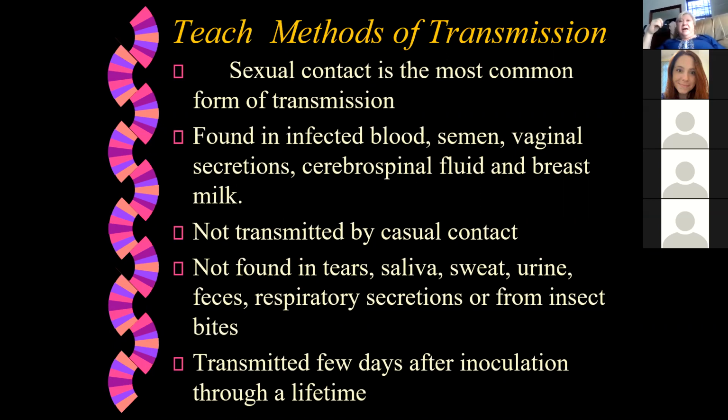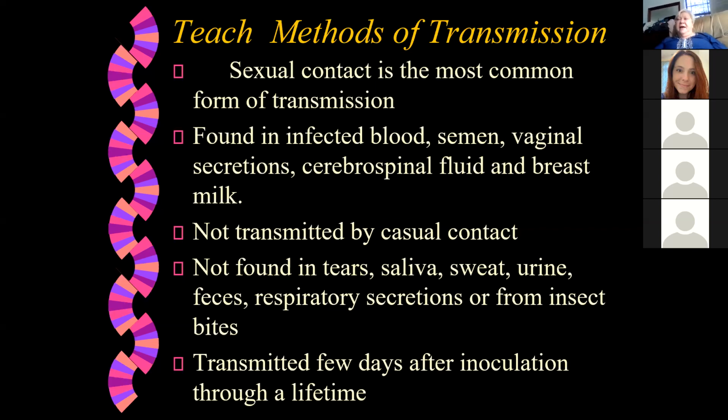HIV is found in blood, semen, vaginal secretions, cerebrospinal fluid, and breast milk. It is not transmitted by casual contact.